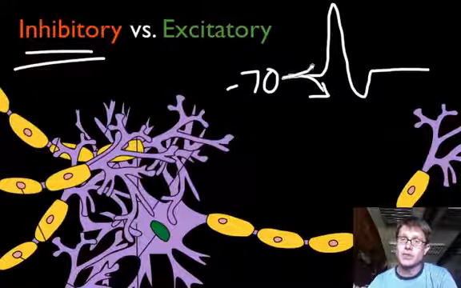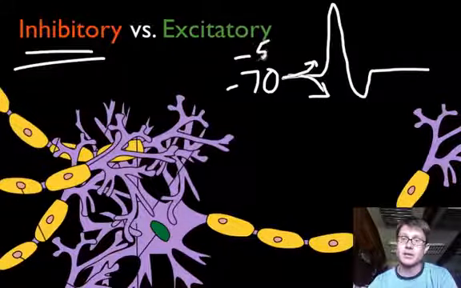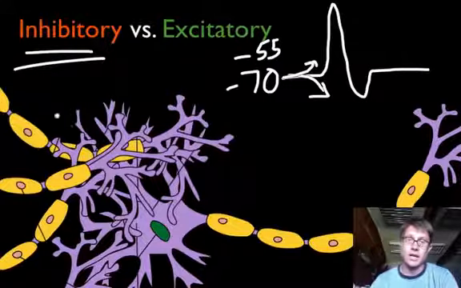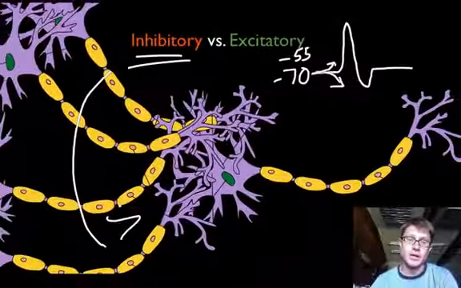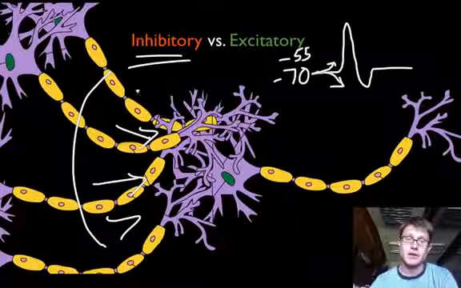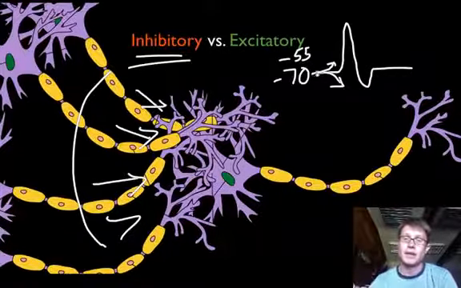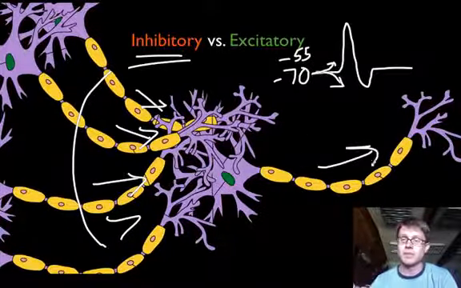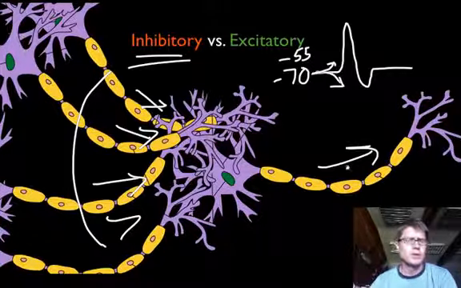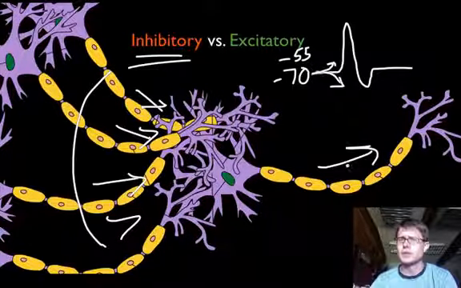Every time we get an excitatory message, it's going to be pushing it in the other direction until we hit that threshold of negative 55. So again, all these neurons are voting, should it fire or shouldn't it fire? And as a result, this one passes that message on.